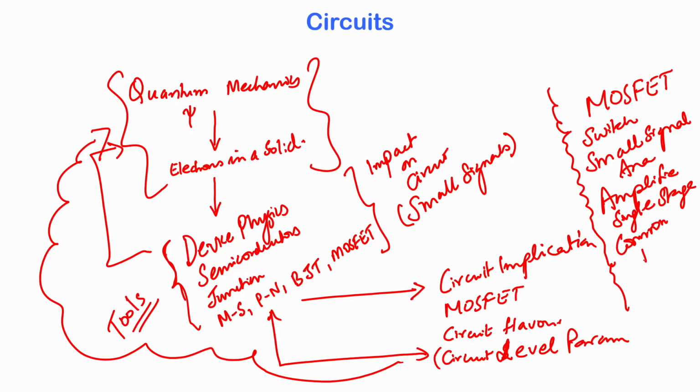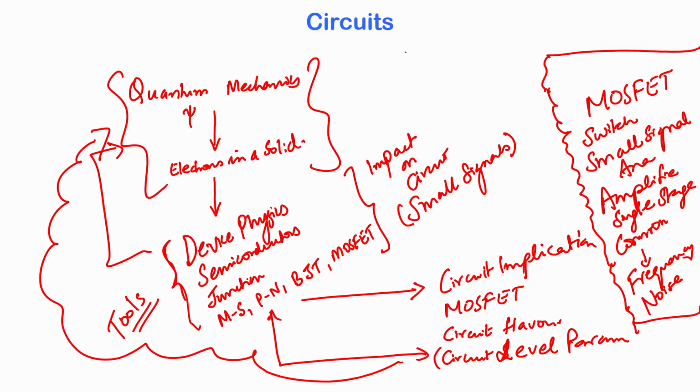And finally, we will look at two important properties, very quickly: the frequency response of MOSFETs, and secondly the noise in MOSFETs, and with that we will complete this course. So, I hope all of you find this last unit to be useful, because it completes the arc.